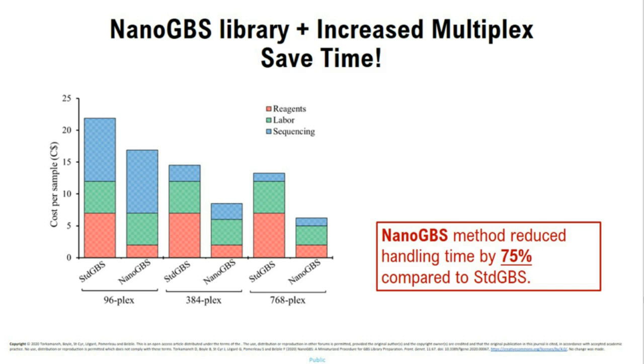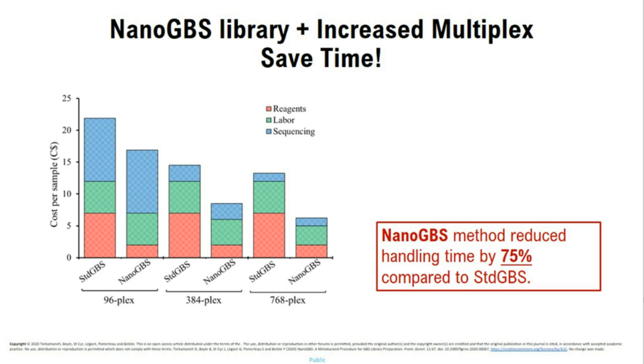We tried to include all the costs related to the genotyping: reagent, labor, and sequencing. And we found that with the increased multiplexing and using the NanoGBS library preparation method, we can save up to 72% of the cost.